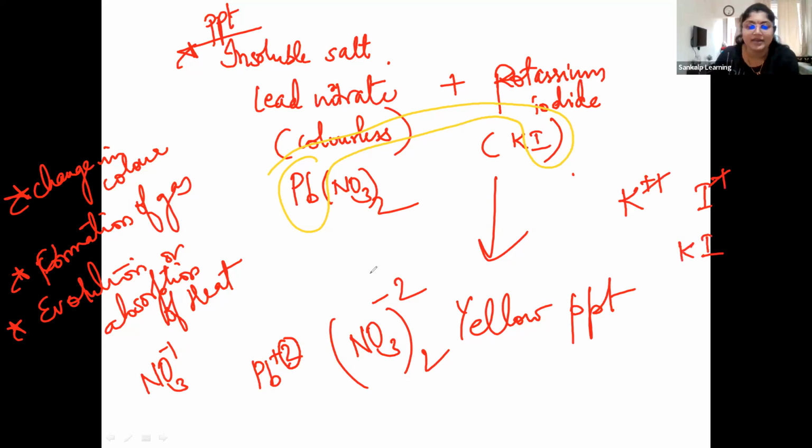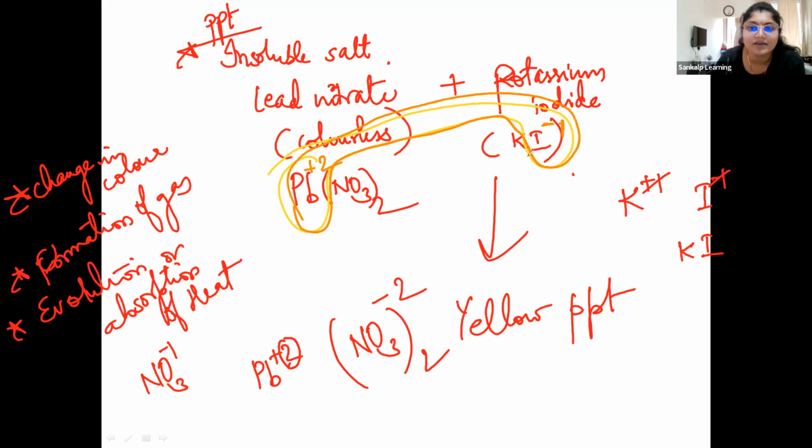Now how is the reaction happening? It is going to form lead iodide and potassium nitrate. This plus charge will get exchanged with the minus.